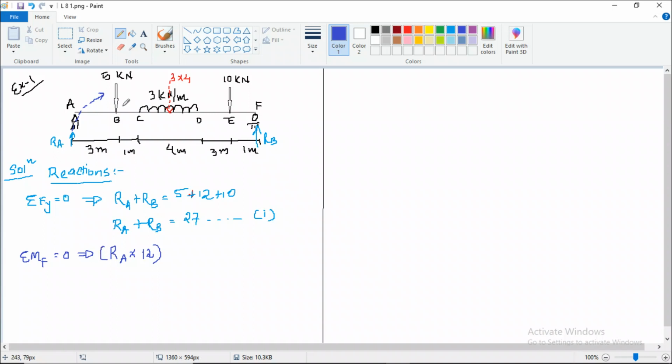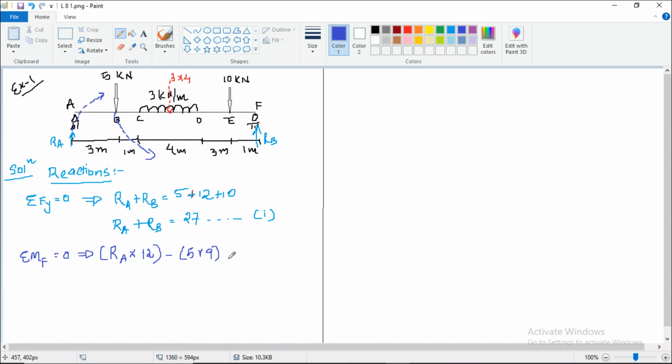Then second force is 5 kilonewton. This will move in this direction, so it will move the point F in the anti-clockwise direction. So here the sign will be negative, so minus 5 multiplied by distance, 9 meter.